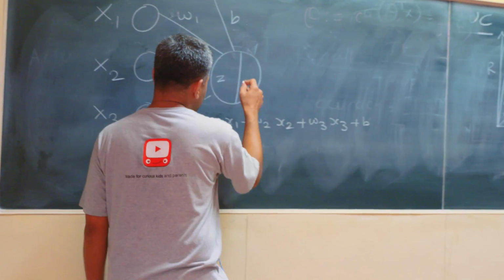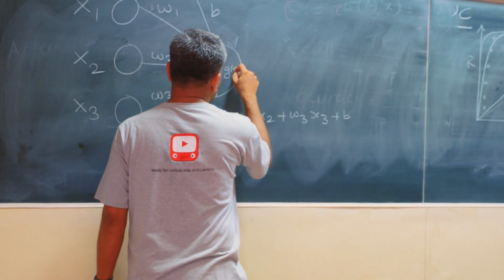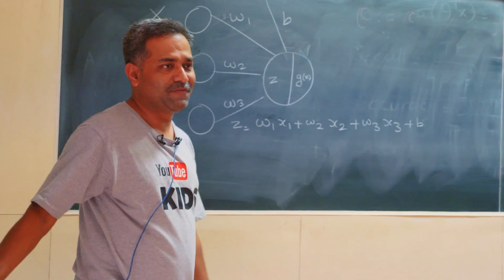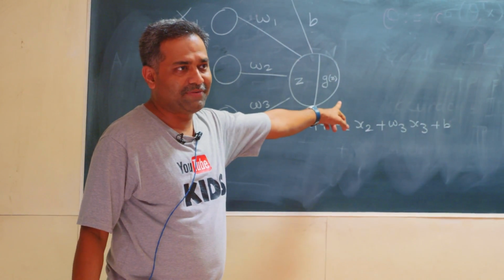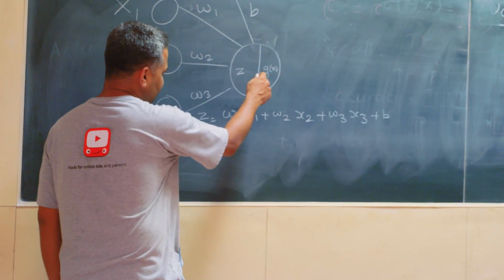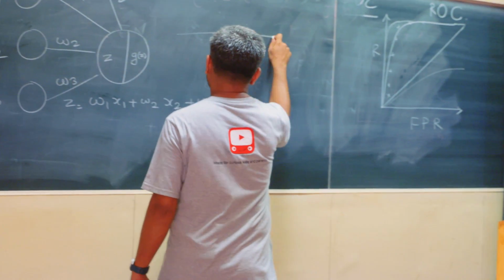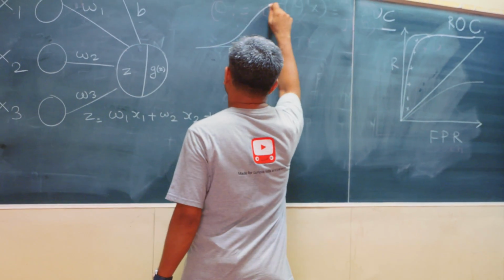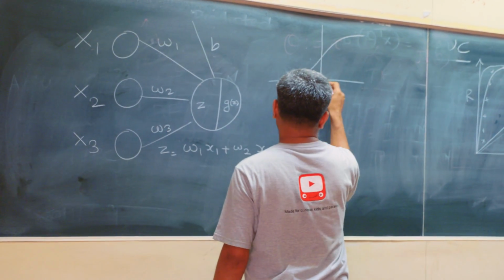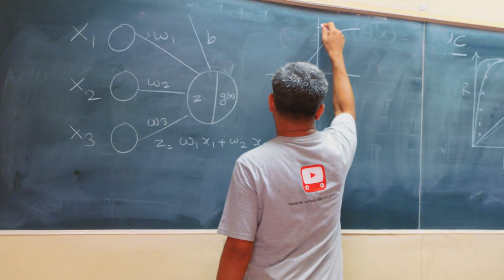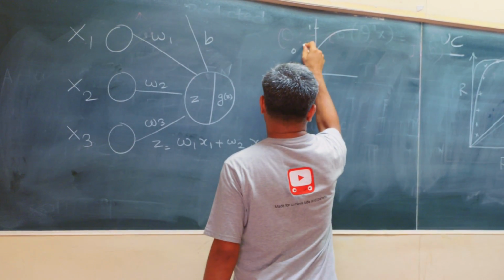Then I take this Z and apply some kind of activation function on it. G is the activation function. There are multiple activation functions that you can use. One of them is the logistic regression or sigmoid function. It goes between 0 and 1 and crosses at 0.5.